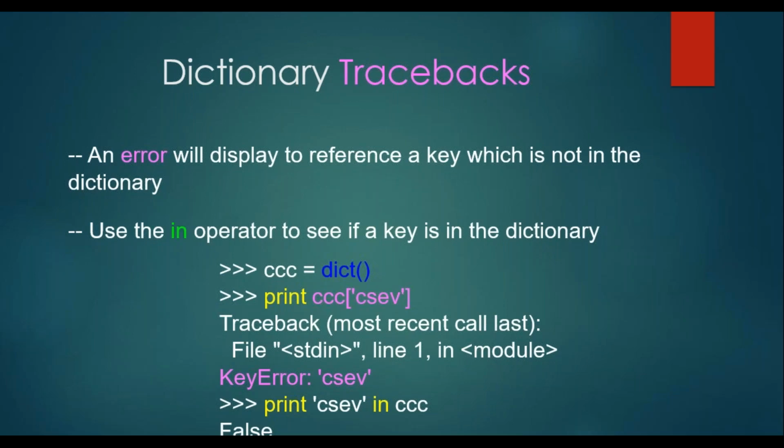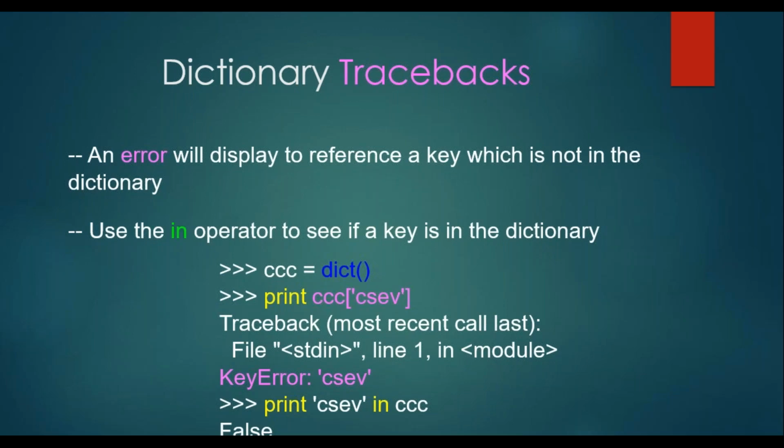Then how will it be displayed? Traceback, most recent call last, file stdin, line 1, in module, key error CSEV. Key error in the sense the key is not available in the given dictionary. Right?